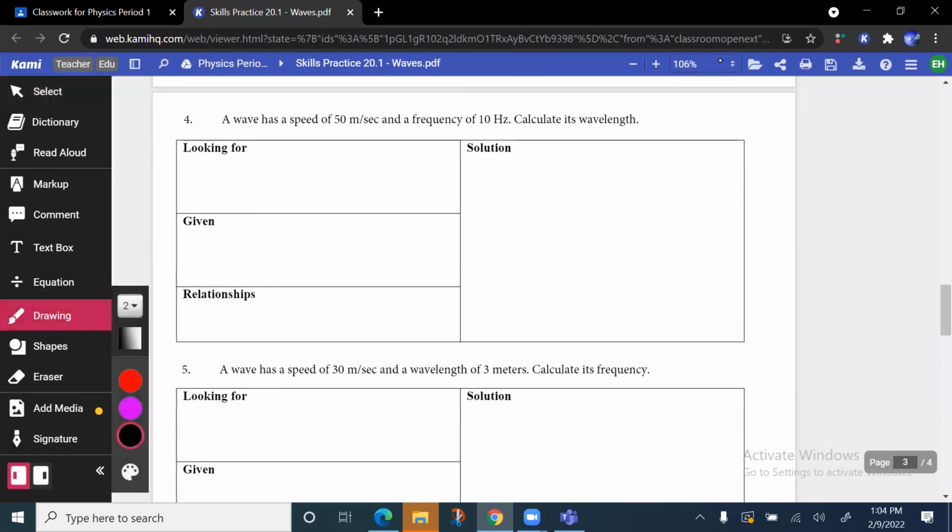Number 4, a wave has a speed of 50 meters per second and a frequency of 10 hertz. We are given the speed and we are given the frequency. We're looking for the wavelength in this problem. We're still going to use our wave speed equation.